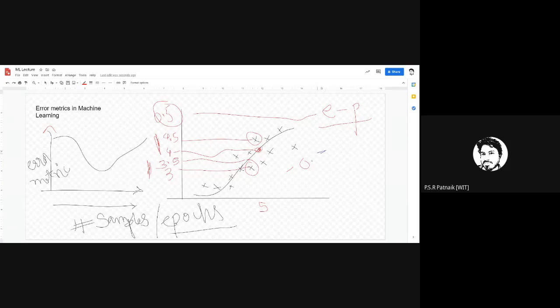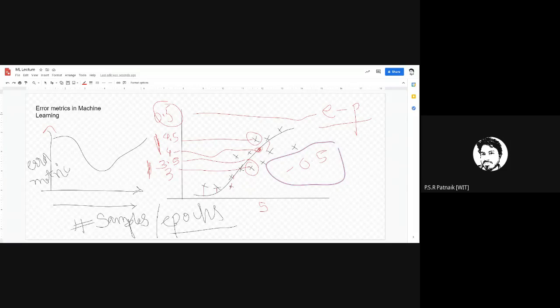Likewise, when you do it for every point, you calculate this for this point, this point, every point. What you get is some values: minus 0.5, plus 0.5, plus 2, minus 2, and so on.